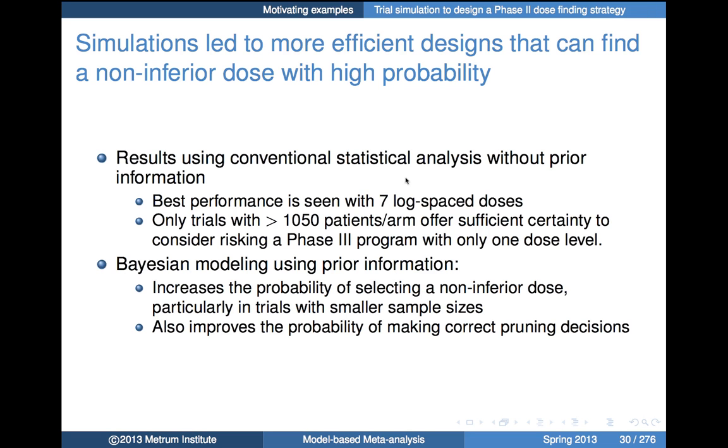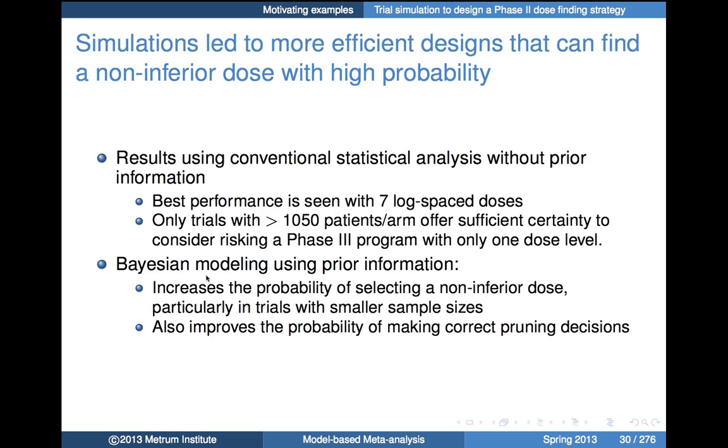In the case where you used a conventional statistical analysis with no prior information, we saw that the best performance results were seen with 7 log-spaced doses in our dose-finding study, and that only trials where we had substantially more than 1,000 people, only trials of that sort of scale, offered sufficient certainty to consider risking a phase 3 program with only 1 dose level.